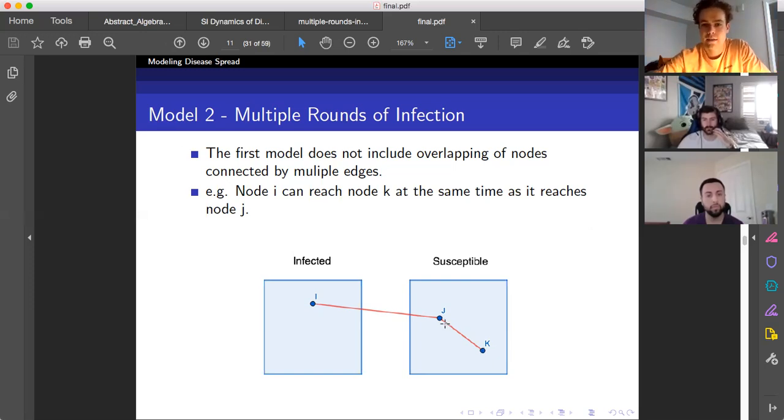J is a shared node between I and K. So I infects J, J becomes infected, and then J goes on to infect K. We disregarded that in the first model. In this model, we're going to take into account both connections that don't do this, like 2 or 3 independent connections, but also scenarios like this where there is an overlap in nodes.